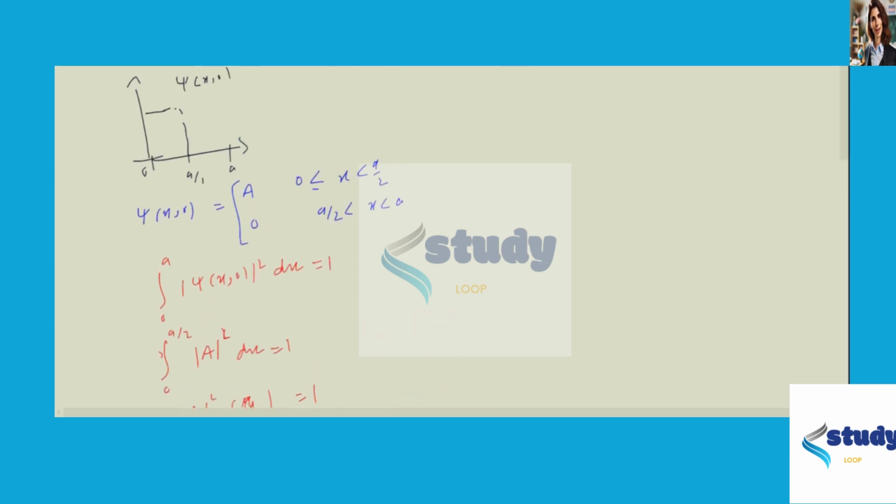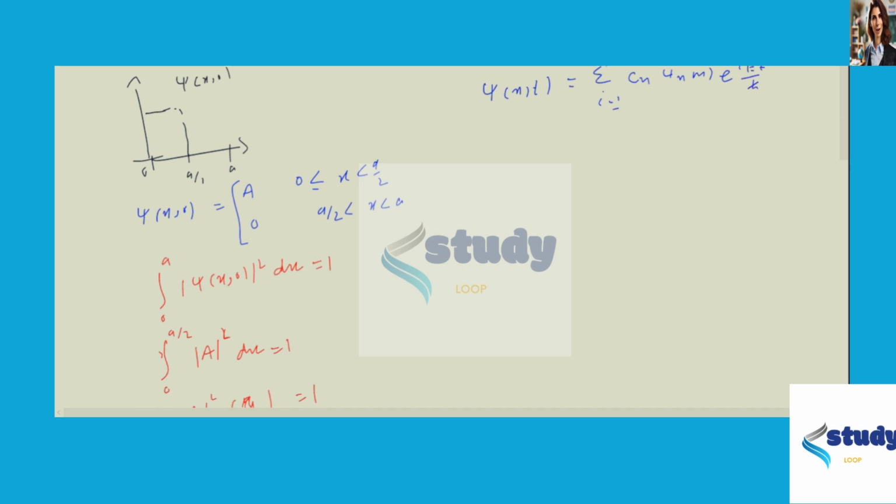In the second part, we know that the wave function psi(x, t) equals the summation from n equal to 1 to infinity of Cn psi n(x) e raised to the power minus iEt out of h cut.